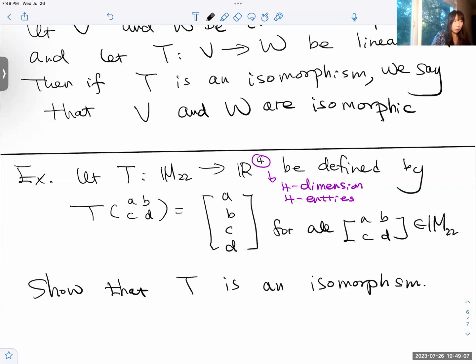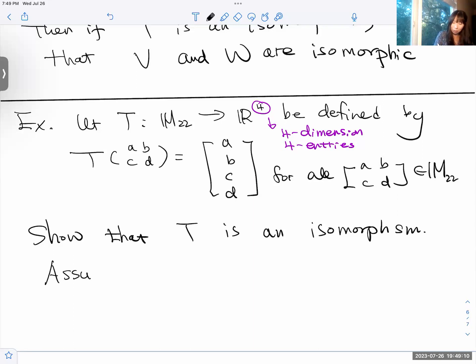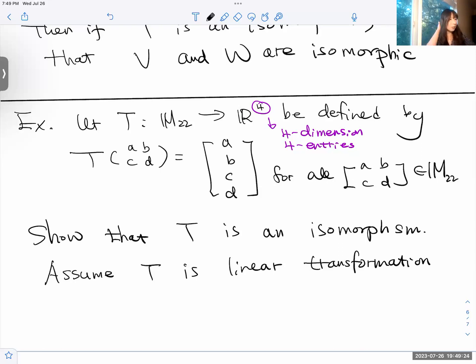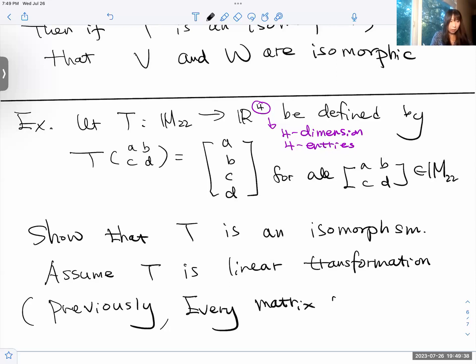Okay, so just assume I don't want to show this one: T is a linear transformation. Because we had previously that every matrix transformation is a linear transformation.